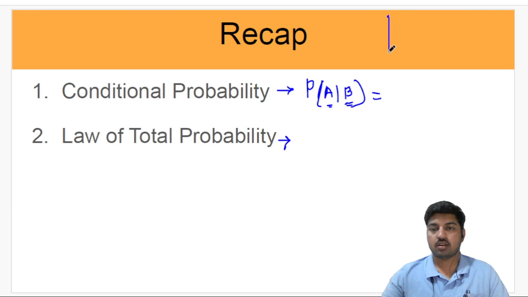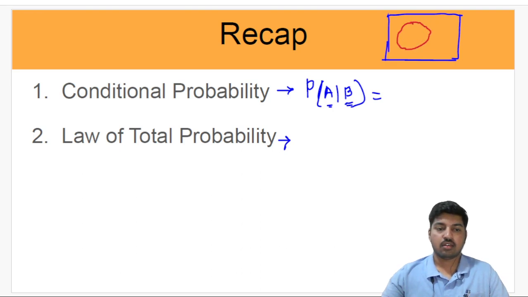Just draw a diagram. There are two events, event A and event B. You see the diagram, then you will understand. I'm asking what is the probability of A given B?